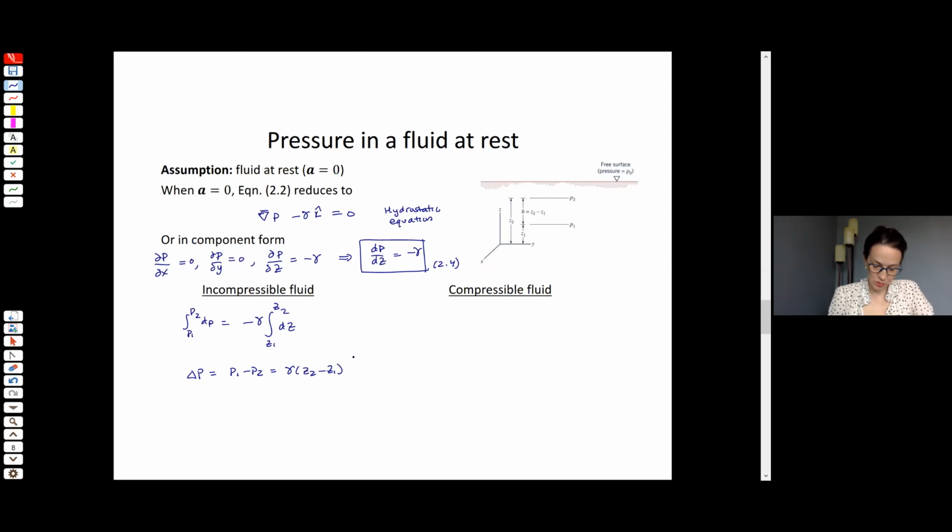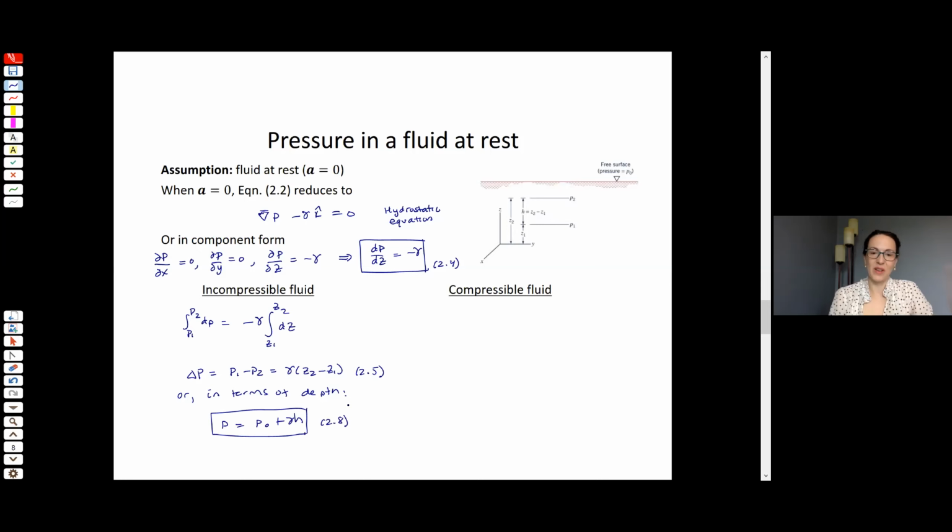This is equation 2.5. Or you can write it in terms of depth, and then it's P is equal to P naught plus gamma H, where H is your depth. That's equation 2.8, and we're going to use this equation all the time.